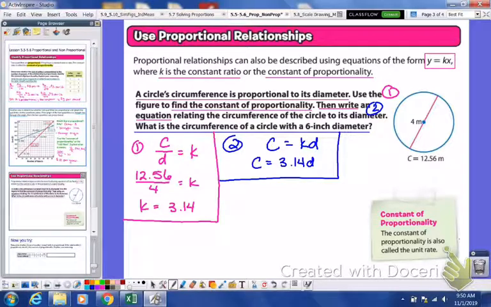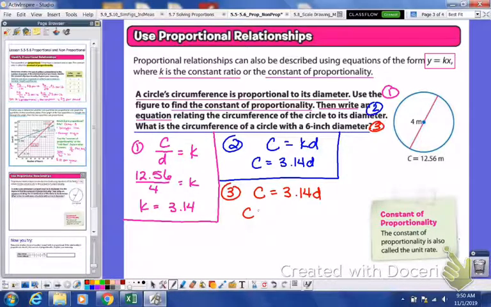Now, part 3. What is the circumference of a circle with a 6-inch diameter? When we start using our equations, the first thing you must do is rewrite the equation. So C equals 3.14D. Now, substitute in what we know. We know we have a 6-inch diameter.